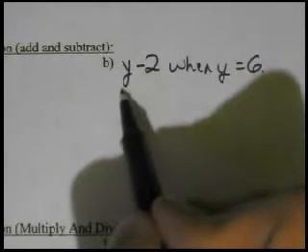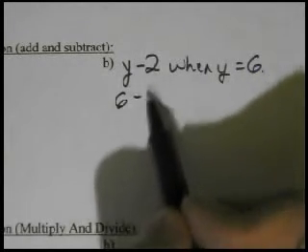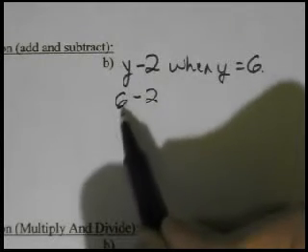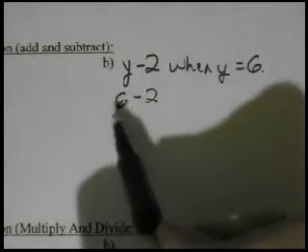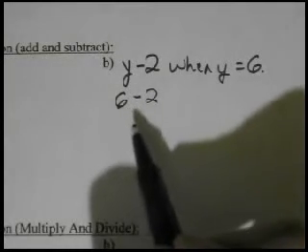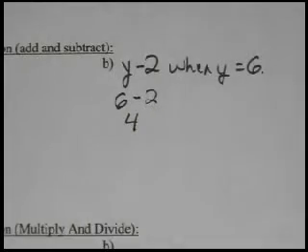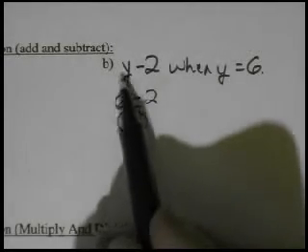So y is the same thing as 6, minus 2. When I evaluate my expression, I substitute for the variable, because y equals 6, then I do the math. 6 minus 2 is 4, and I'm done. That is the solution to my expression.